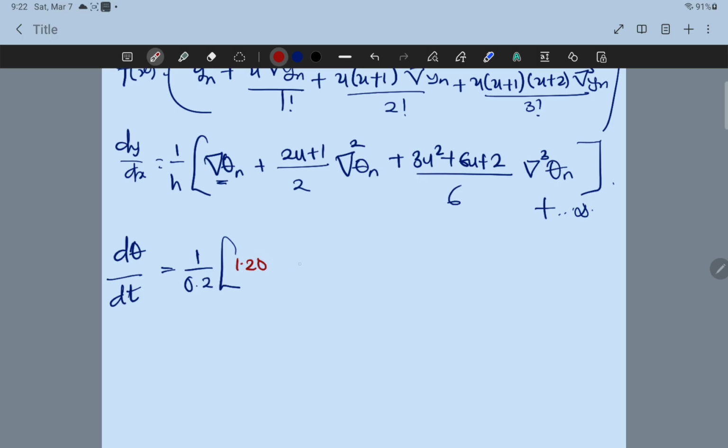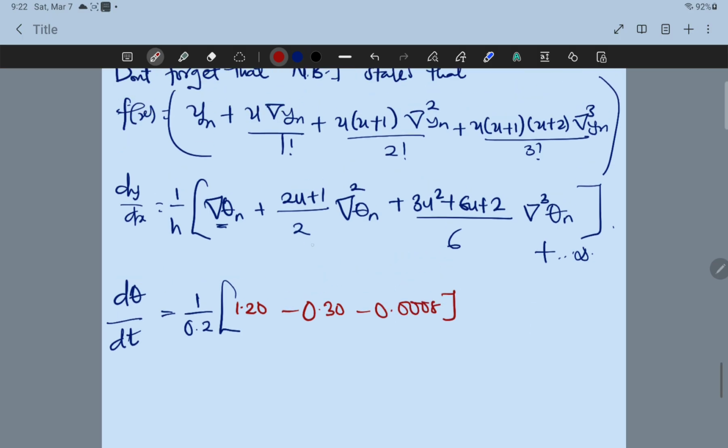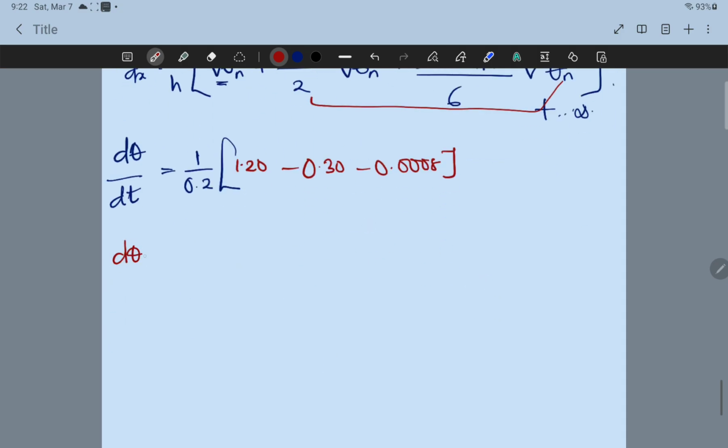All right, 1.20 minus, if you do the calculation here, you're going to have minus 0.30 minus 0.0008. If you do the breakdown, this is what you're going to arrive at. So dθ/dt is 4.496 radian per second.